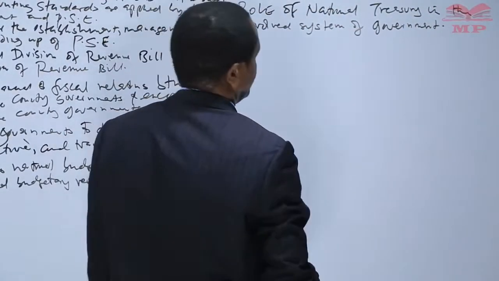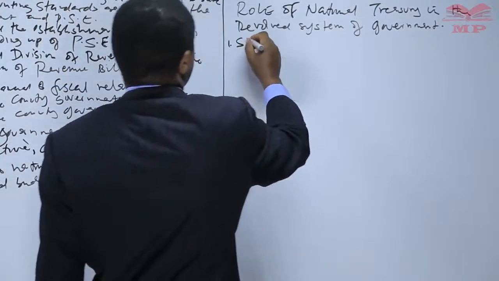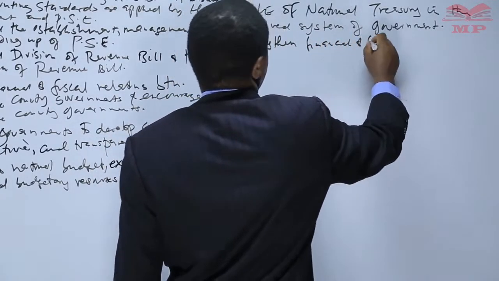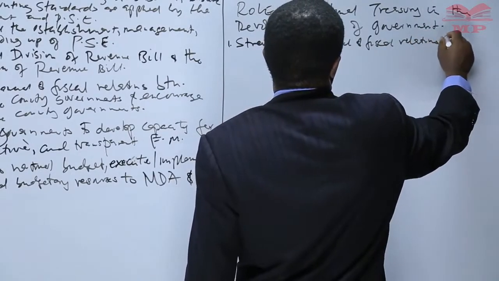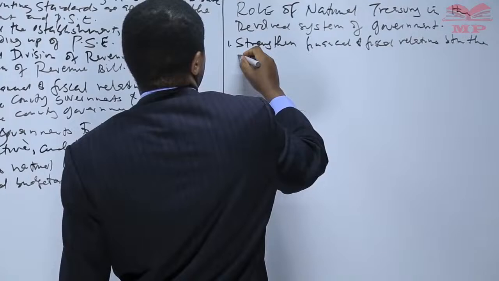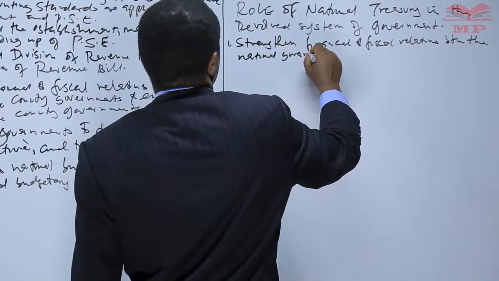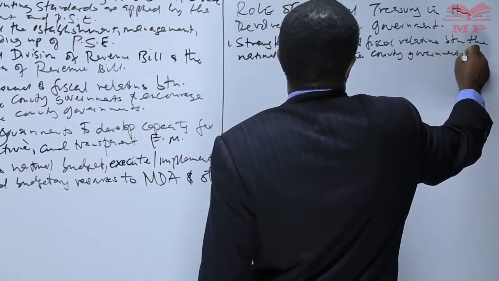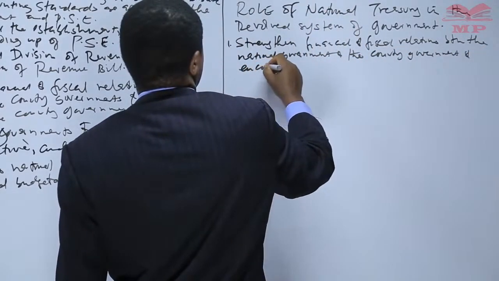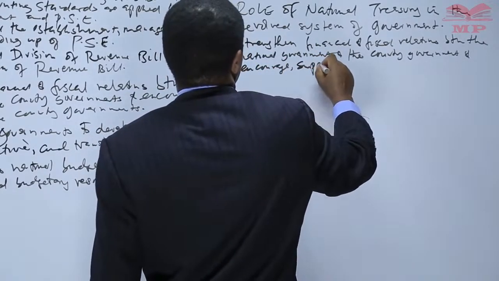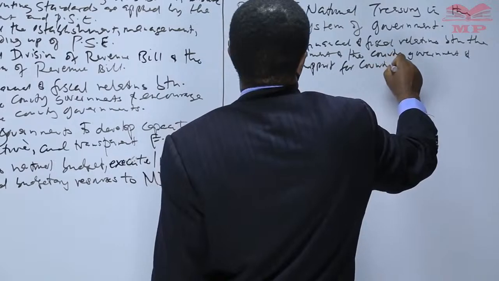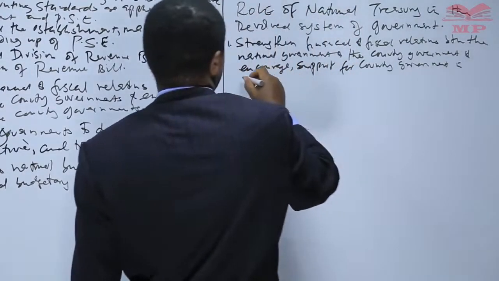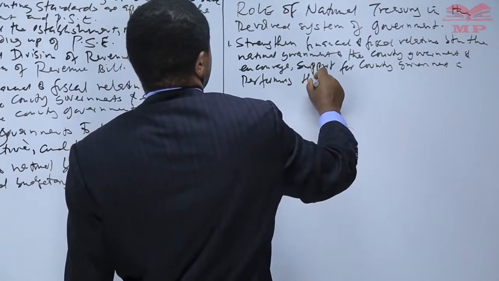Number 1, the first role is to strengthen financial and fiscal relations between the national government and the county governments, and encourage support for county governments in performing their functions.